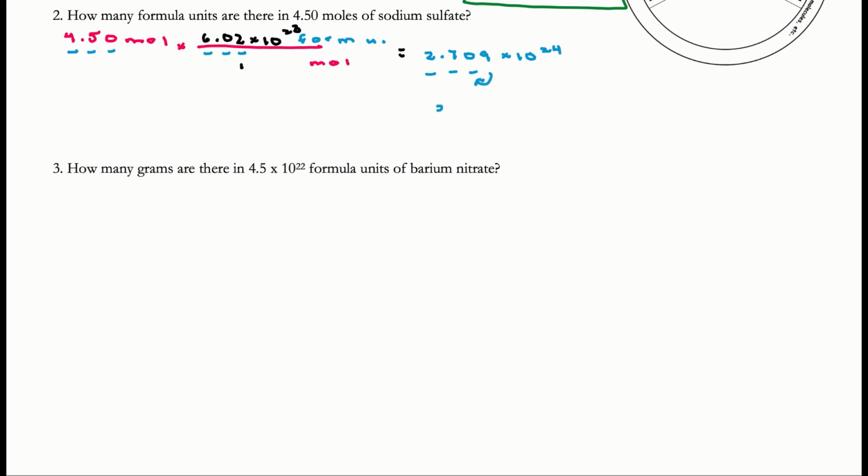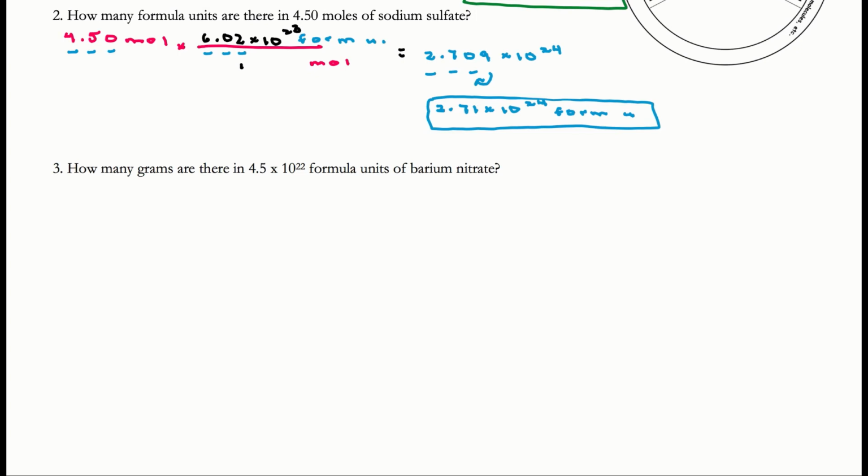So this is going to be 2.71 times 10 to the 24th. And my units are formula units. So it's not always going to be a 2-step problem. Just keep in mind, moles are your central unit. So if you're converting into moles or converting out of moles, it'll just be a 1-step problem.